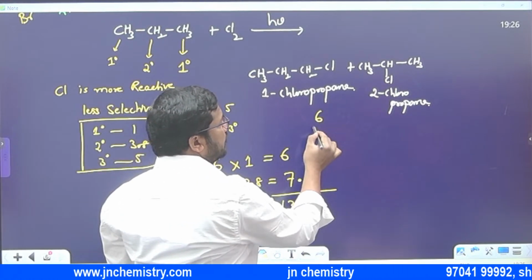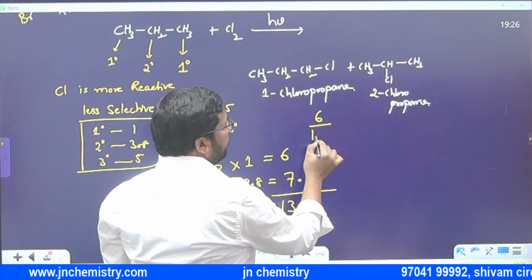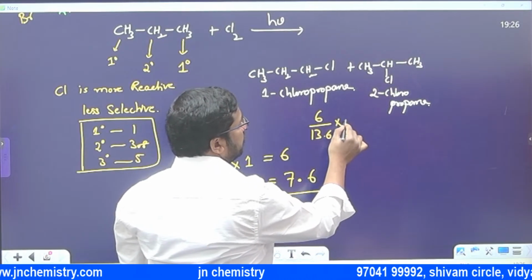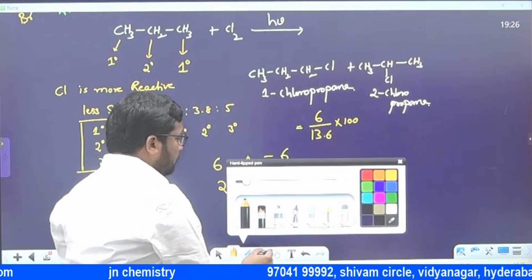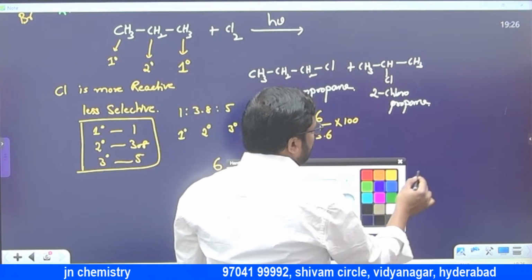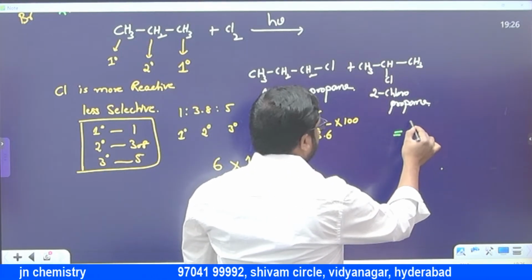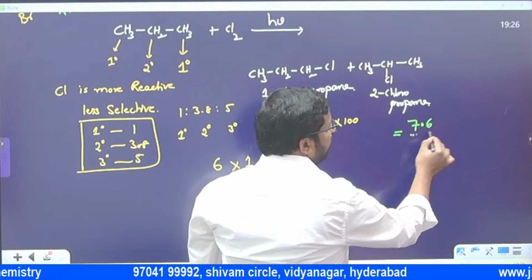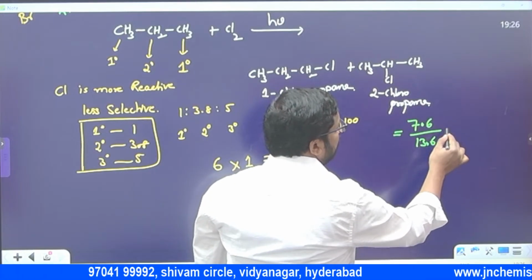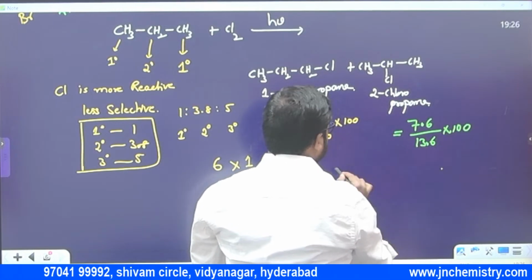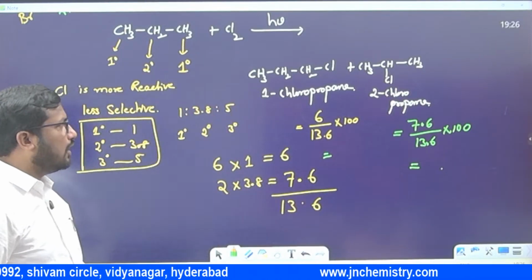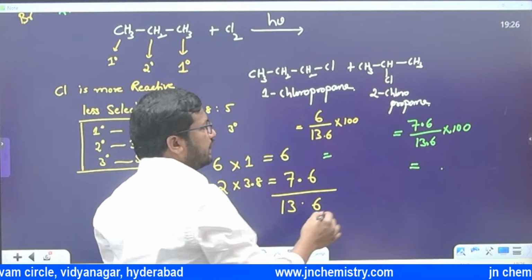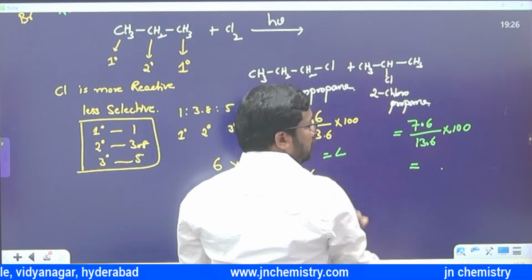In the primary case, how can we say the percentage? 6 by the total 13.6 into 100. This is 1-chloro. In the case of 2-chloro, 7.6 by 13.6 into 100. Let me know the answer. Approximately we'll get 45% here. Calculate it.